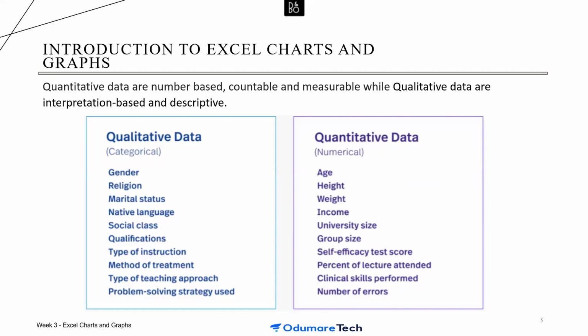Social class, qualifications, all of these things belong to the same category of qualitative data. And usually, this kind of data are referred to as categorical data, just like I mentioned that they belong to the same category, categorical data. Although qualitative data, I must mention, goes beyond just categorical data, but anything at all that is not number, just take it that is qualitative data.